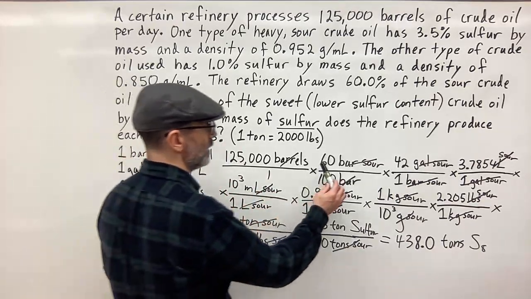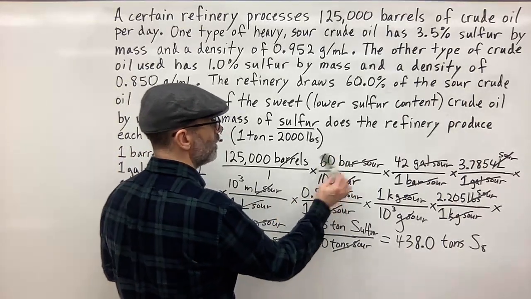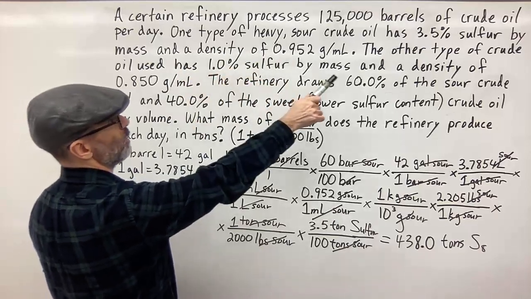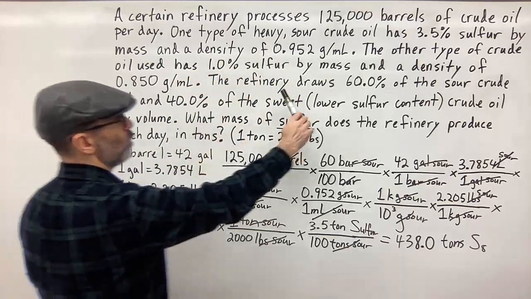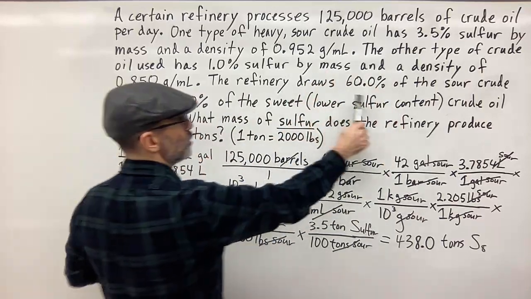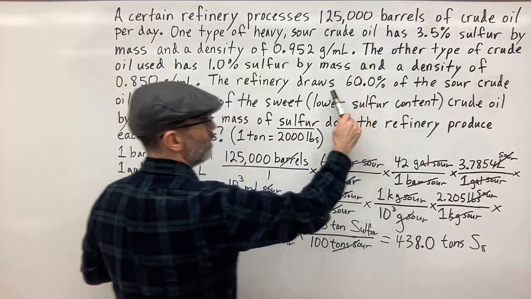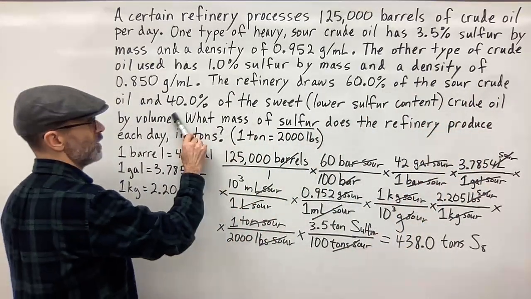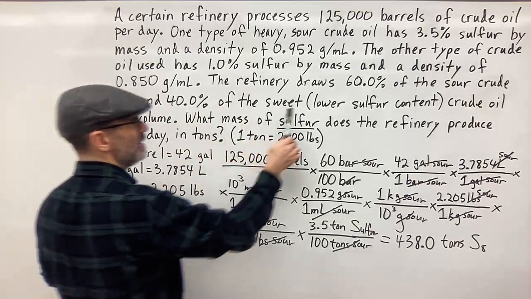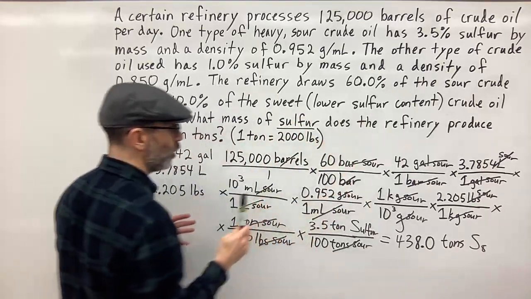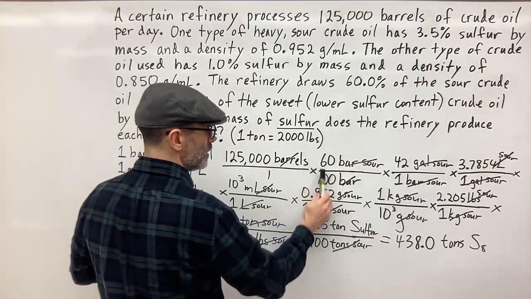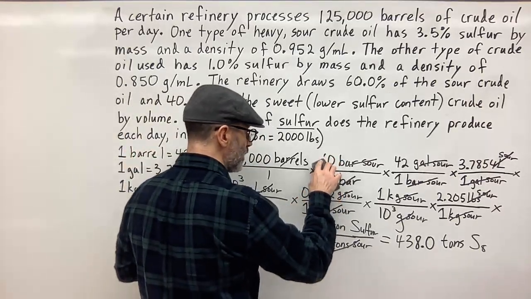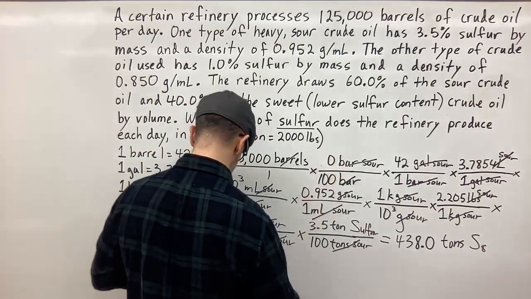So instead of using 60 out of 100 because of the 60%, where's the 60%? Oh, here. We're told that the refinery is drawing 60% sour crude oil, and 40% is the sweeter, low sulfur content oil. So that's going to change. Instead of 60 over 100, we'll have 40 over 100.